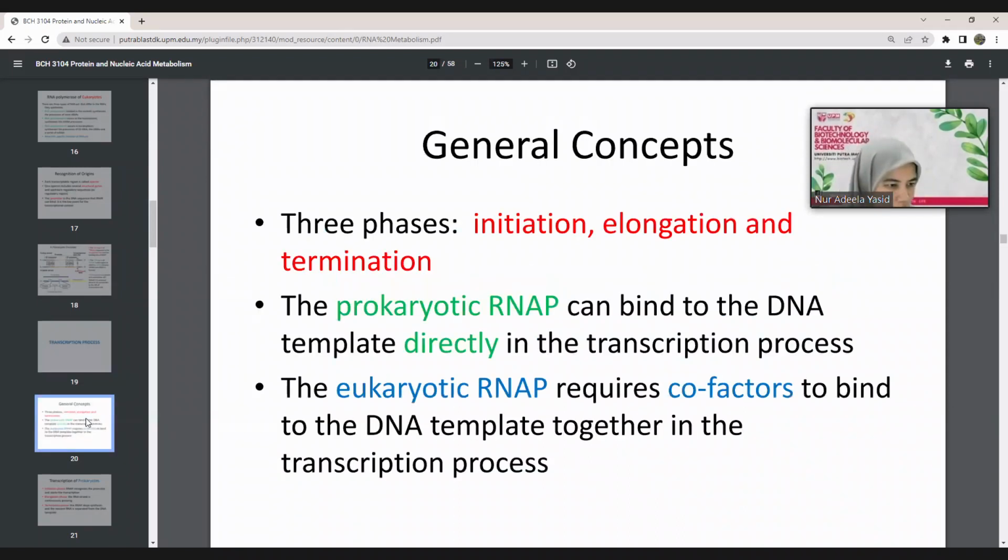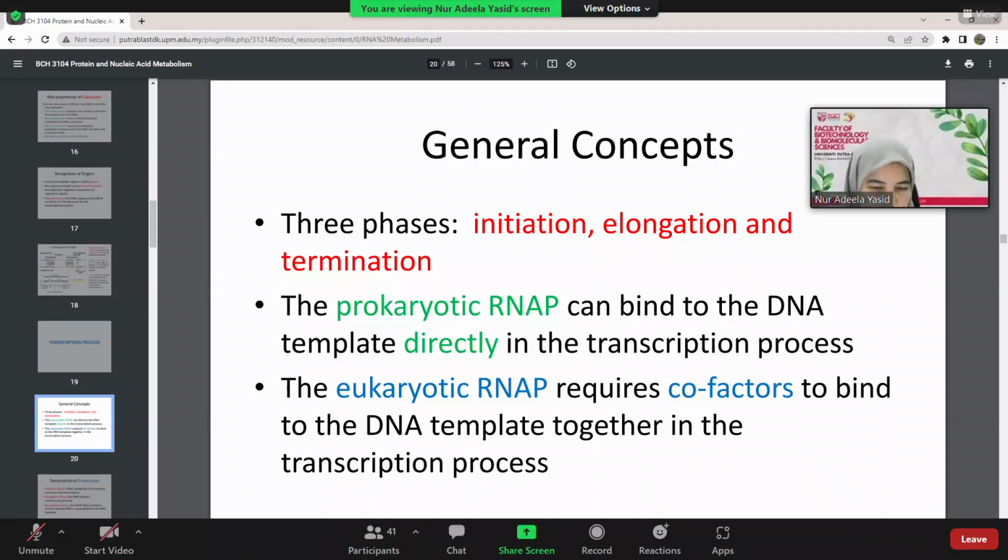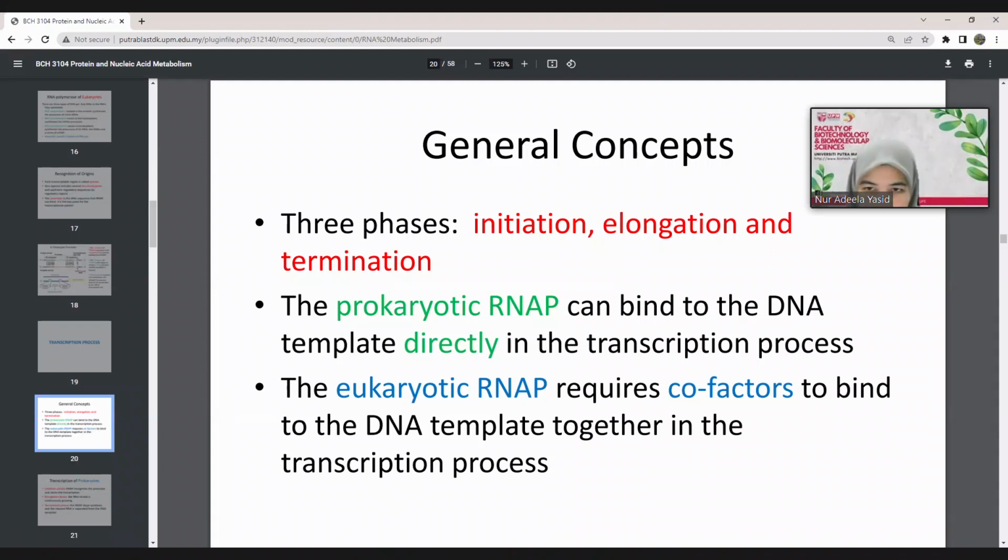Right, so let's continue. We're going to discuss the mechanism involved in the transcription process. As you know, there are three general phases involved in the transcription process: initiation, elongation, and termination.